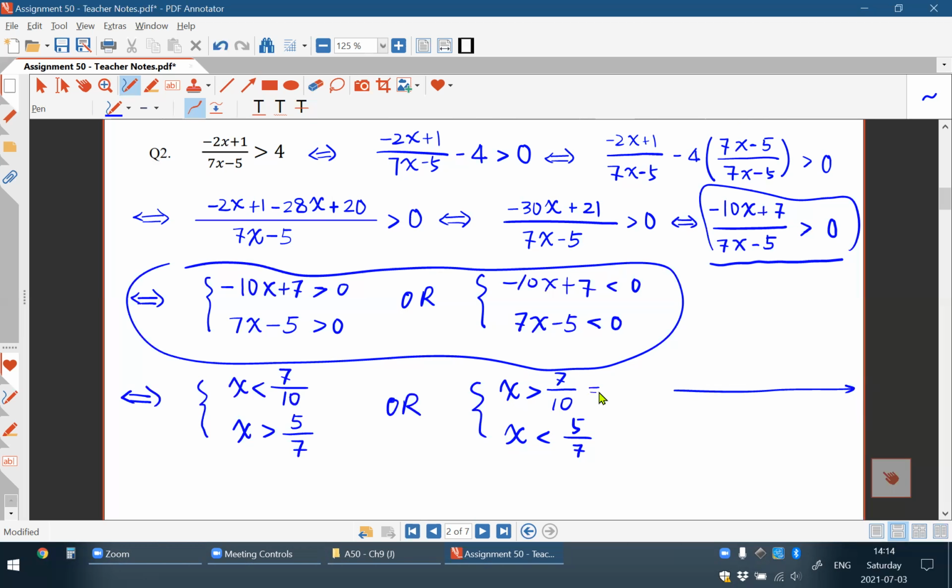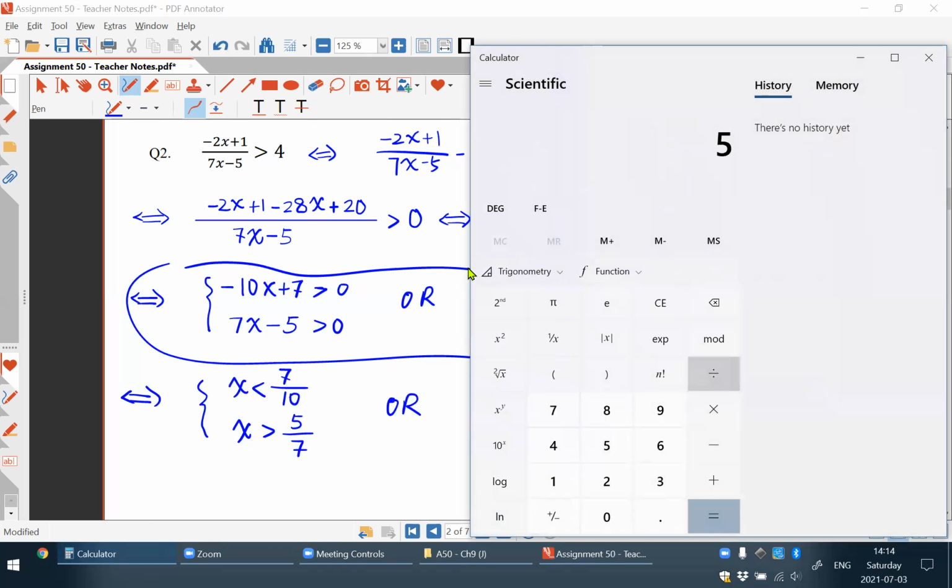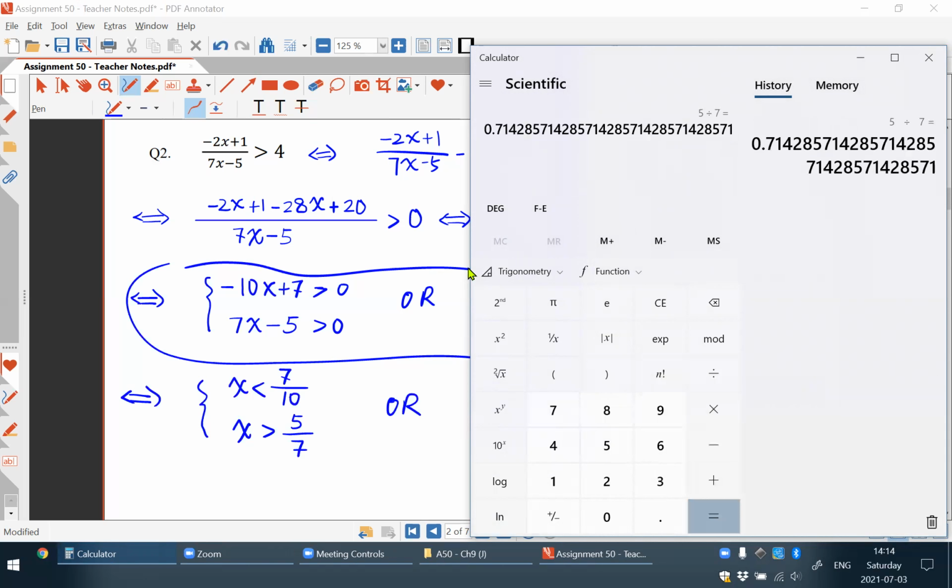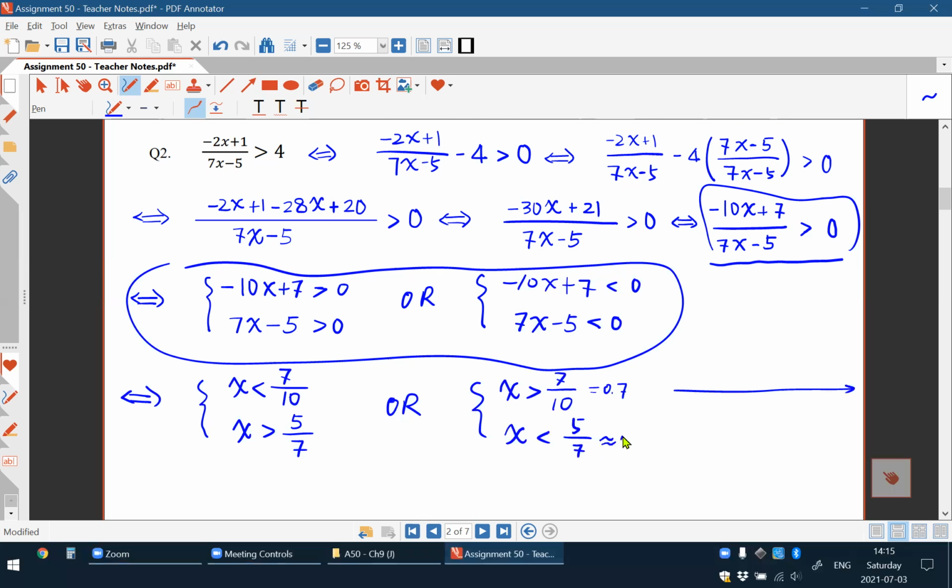Okay, 7/10 is 0.7, right? And 5/7 is, okay, let's see, 0.714. So this is about 0.714, right? And now can you tell which number is larger? Of course, 5/7 is larger, right? If this is 5/7, 7/10 should be here, which is smaller than 5/7, right?